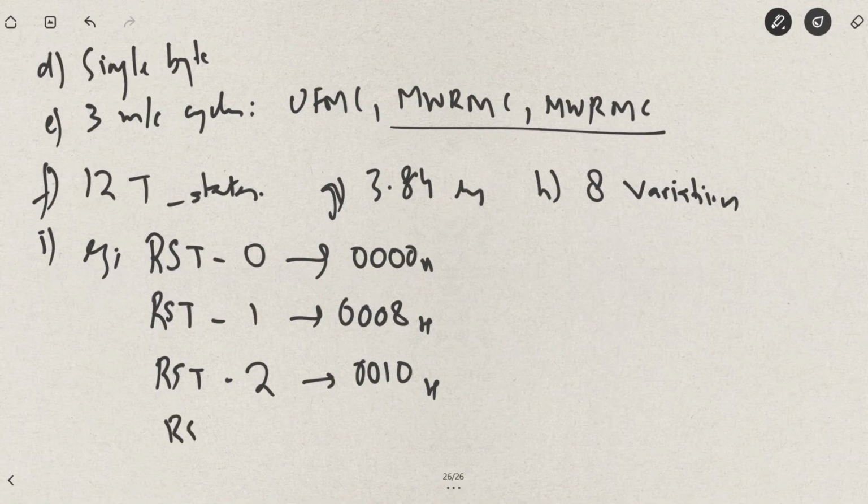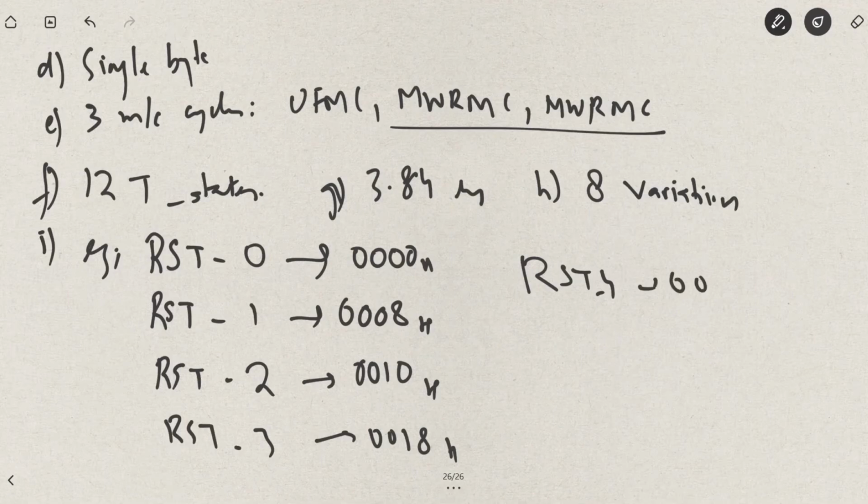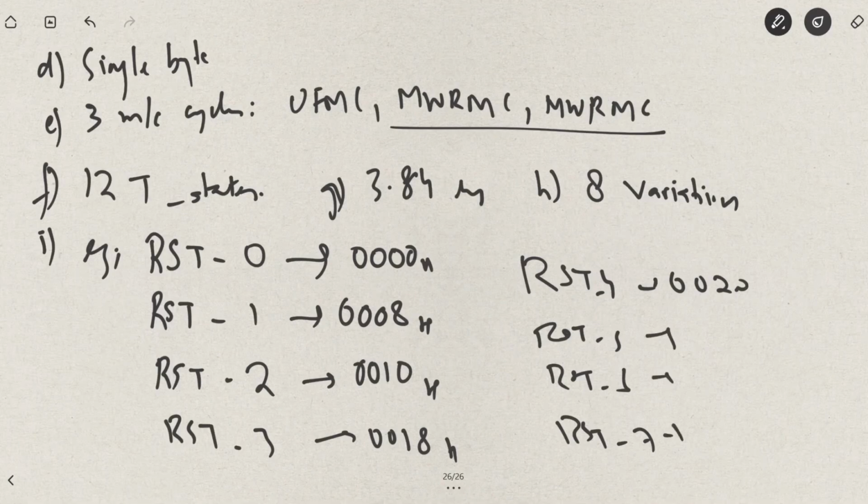RST3 means 0018H. RST4 means 0020. RST5, RST6, RST7 mean 0028, 0030, 0038.